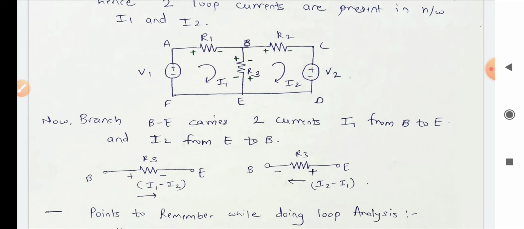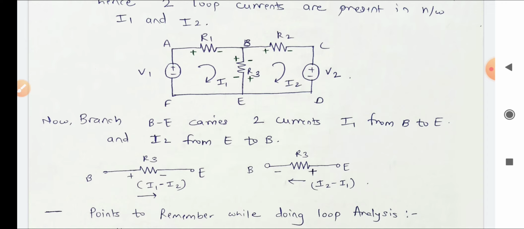The flow of current is in clockwise direction, so we give the sign conventions accordingly. Here I1 is flowing through R3 and I2 is also flowing through R3, but as we are considering loop 1, I1 flows from B to E. So the B terminal will be marked as positive and the E terminal I'm going to mark as negative. Here I1 is in clockwise direction and it is the main current in loop 1, so we always consider the main current as positive and other currents as negative.